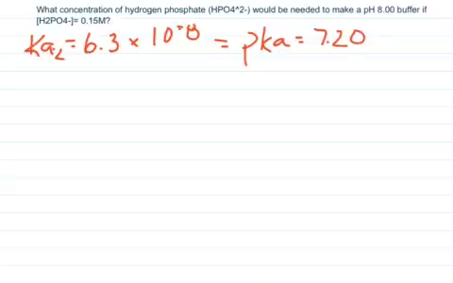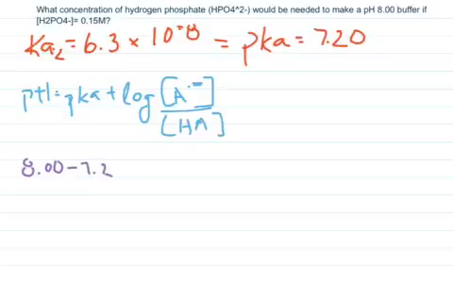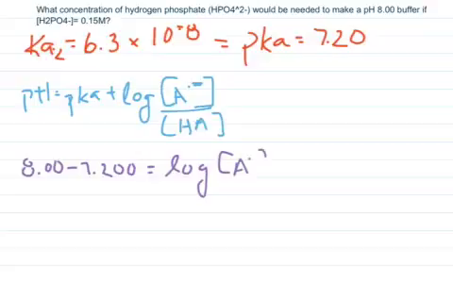Now I'm going to set this up like I normally do. With the Henderson-Hasselbalch equation, my pH is equal to the pKa plus the log of my base all over my acid. Because I know my pH and pKa, I'm going to subtract them. So I have 8.0 minus 7.20 is equal to the log of my base all over my acid.